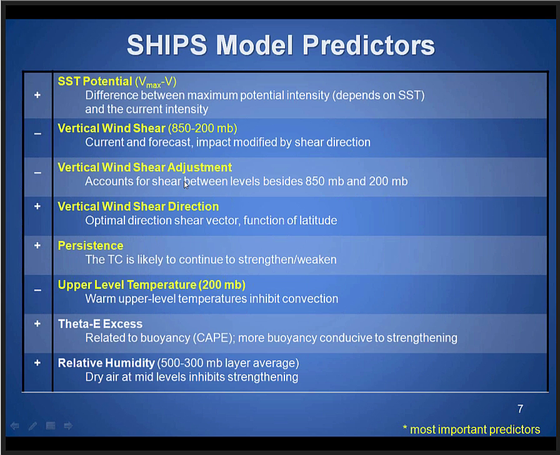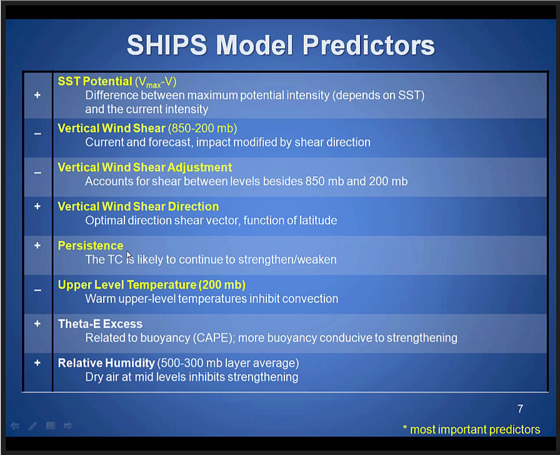The technique also takes into account if you have mid-level shear, say if the shear is strong between 850 and 500 millibars, often in association with a Saharan air layer jet, then that would be picked up and accounted for as well. The direction of the shear is important too, because if the storm is moving in the direction of the shear vector, then the translational movement of the storm actually reduces the negative effects of the shear. So that's taken into account as well.